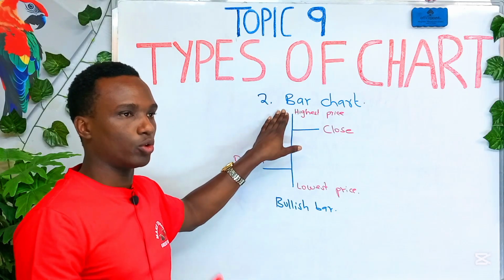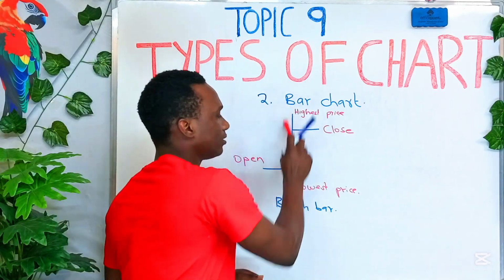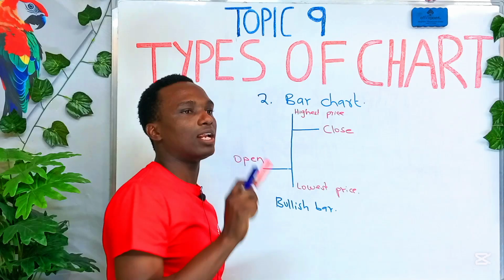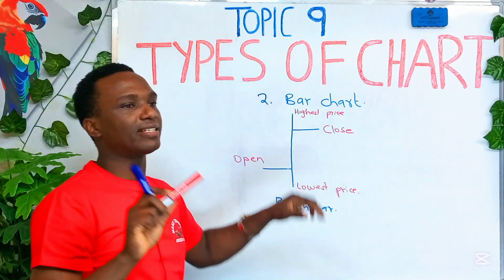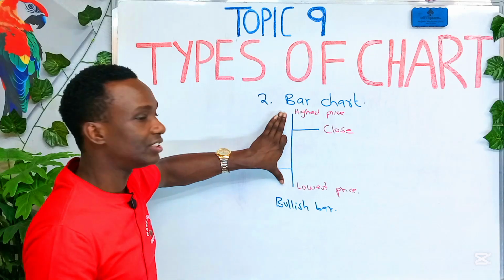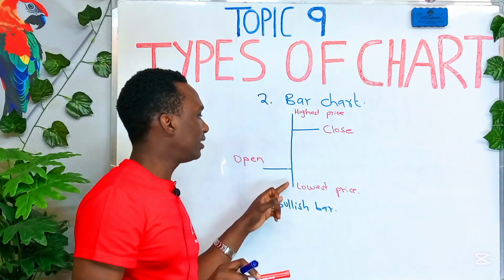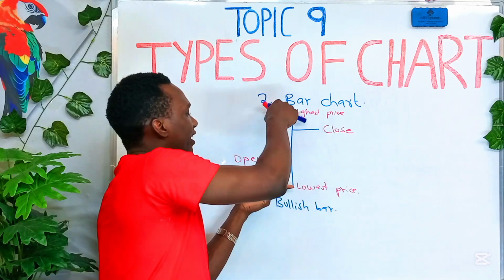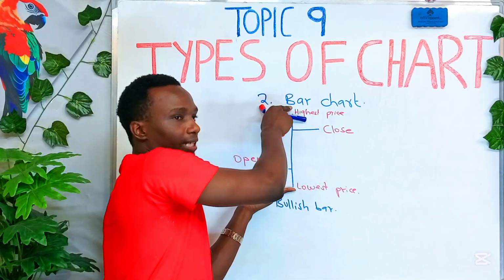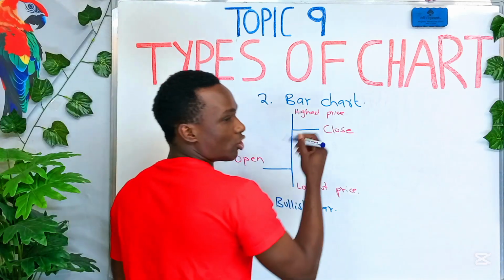So this vertical line, are you seeing it? The vertical line indicates the currency pair trading range as a whole. So this is the trading range. Let's say for example this is a daily candle. So this is the trading range for the whole day.